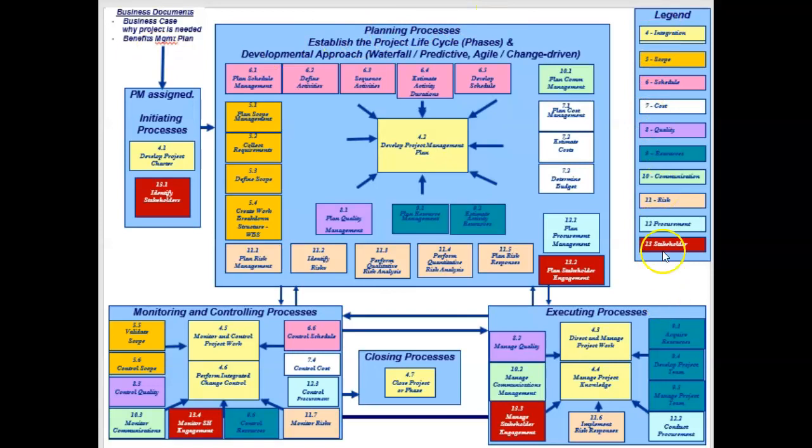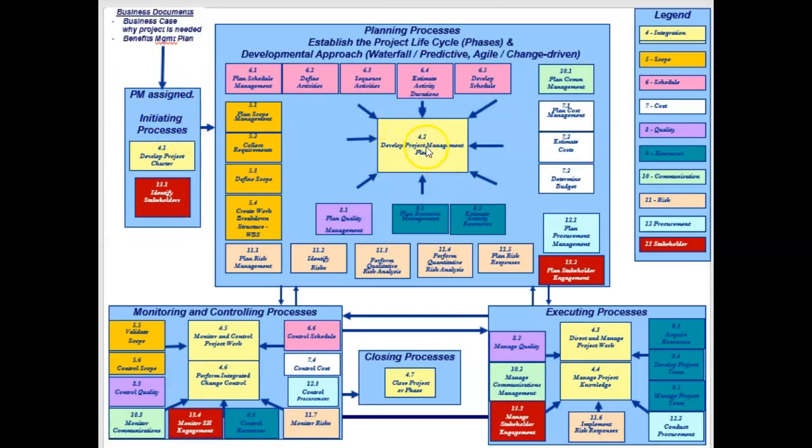This on the right is a color-coded box for each of the knowledge areas. There are 10 knowledge areas. Integration management is in brown. That's who you are as the project manager. So 4.1 in initiating, this process is going to manage for you the entire process group.